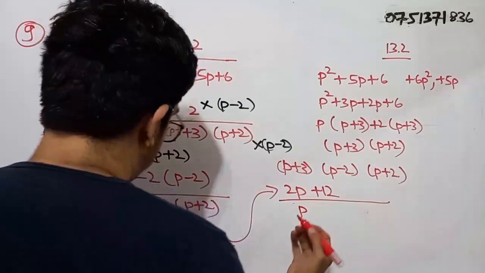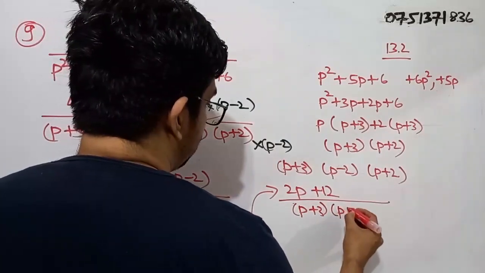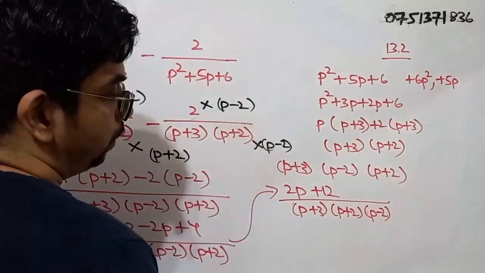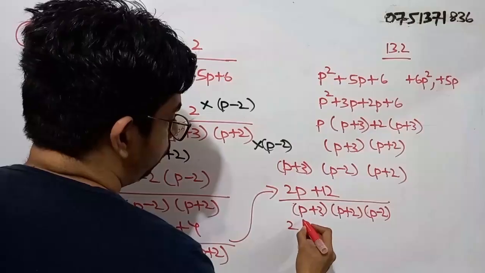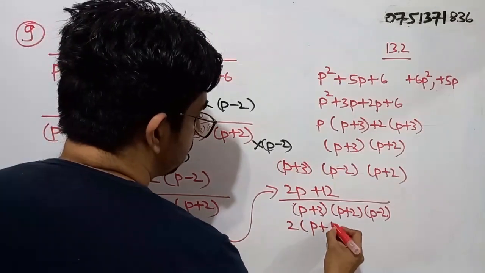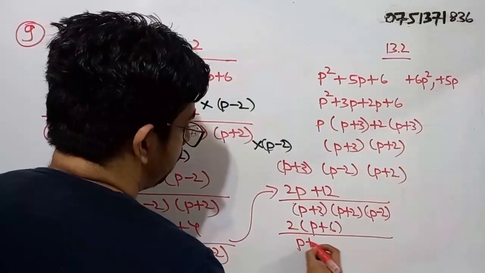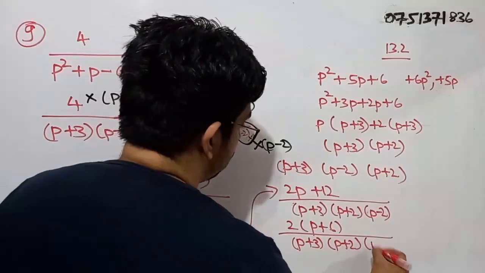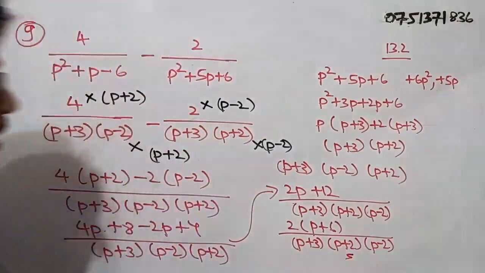So the entire expression needs to be divided by what? p plus 3, p plus 2, p minus 2. Right, and also we can simplify this term a bit. So 2 within brackets, p plus 6, entire expression divided by what? p plus 3, p plus 2, p minus 2. So this will be the answer.